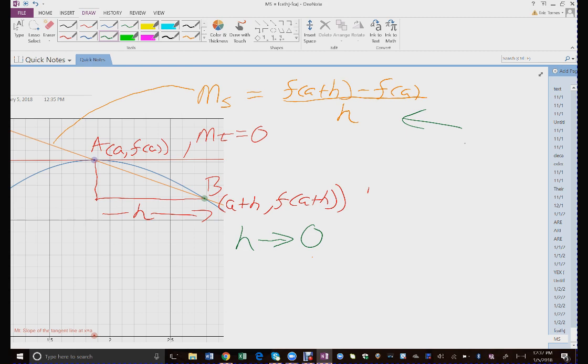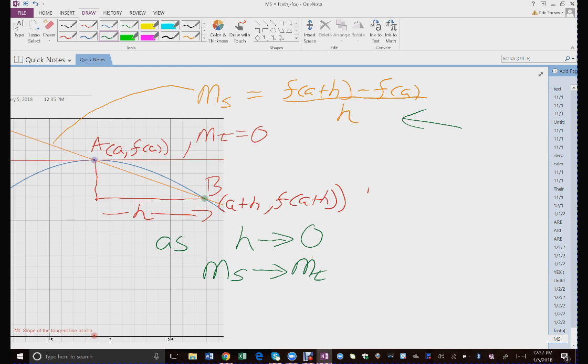But what we did on that homework was we said that the slope of the secant line was getting closer and closer and closer to the slope of the tangent line. So you might see something printed like this: as h goes to 0, the slope of the secant line becomes closer to the slope of the tangent line.